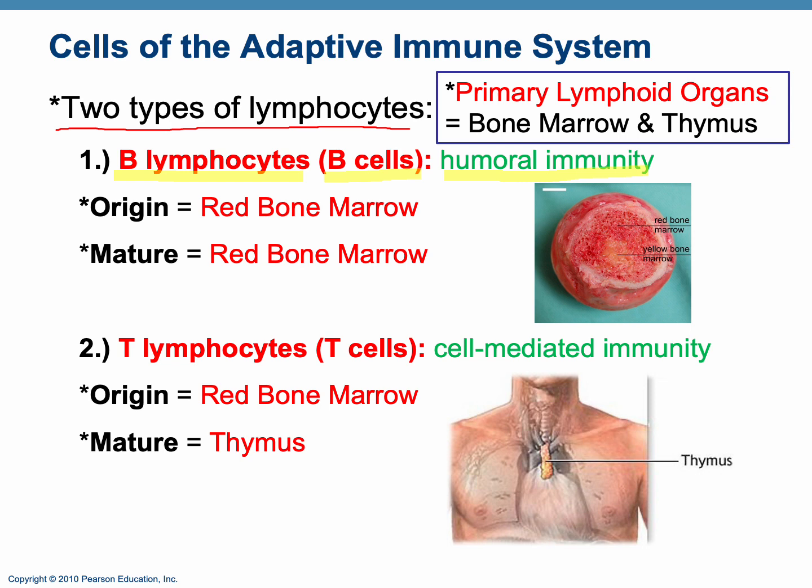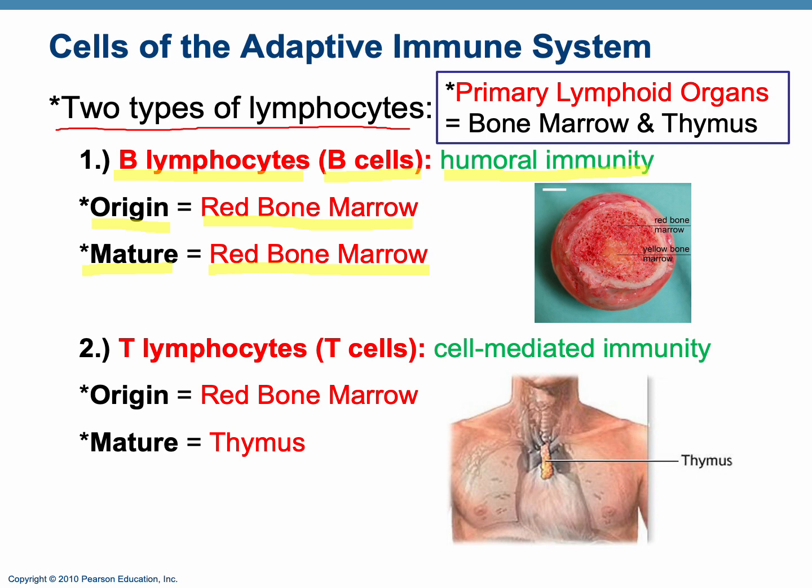The origin of the B cells is the red bone marrow, so that's where they're produced. The location of maturation is also the red bone marrow, where they mature and are essentially classified as adult. They've been educated to work in the immune system.